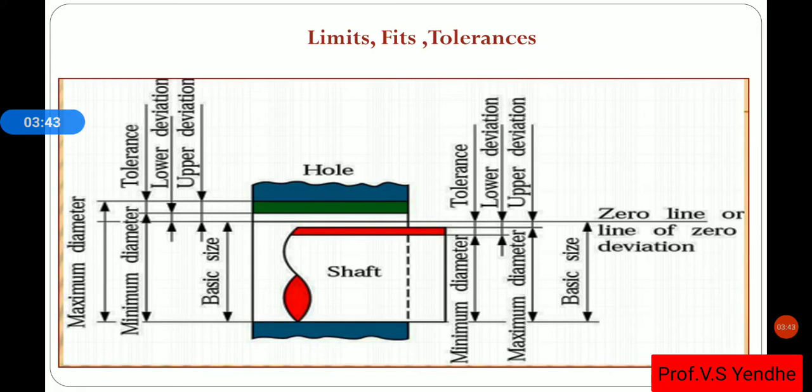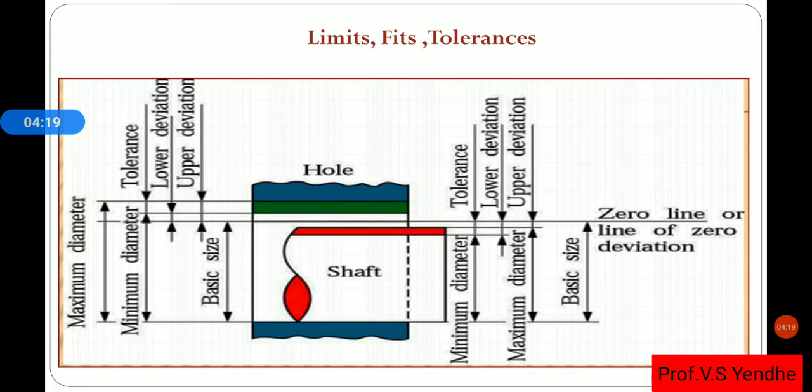So the first concept is the size. What is exactly the size? As we know, if we are purchasing any shaft from the market, we ask the shopkeeper for a particular size, 50 mm, 25 mm, 30 mm. In that case, that number 30, 20, 50 is expressing the value of that particular dimension.